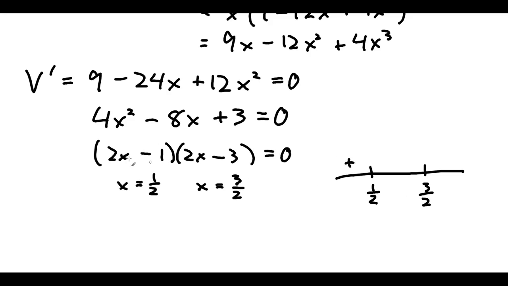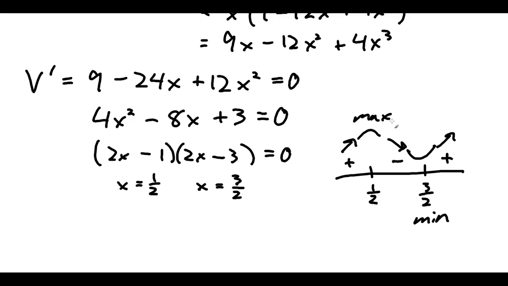If you take something in between like 1, you have positive times negative is negative. If you take something a lot greater than that, you get positive times positive is positive. So the function is increasing, then decreasing, and then increasing. And we see we have a maximum at 1/2 and a minimum at 3/2.